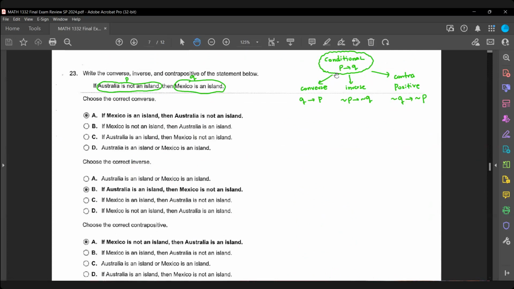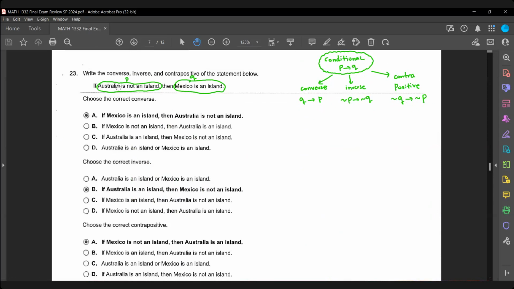Converse is when we swap the order. Q is now first and P is second. Inverse, we keep the same order, but we negate both the first and the second part. In the contrapositive, we are swapping the order and also negating at the same time. So if not Q, then not P.